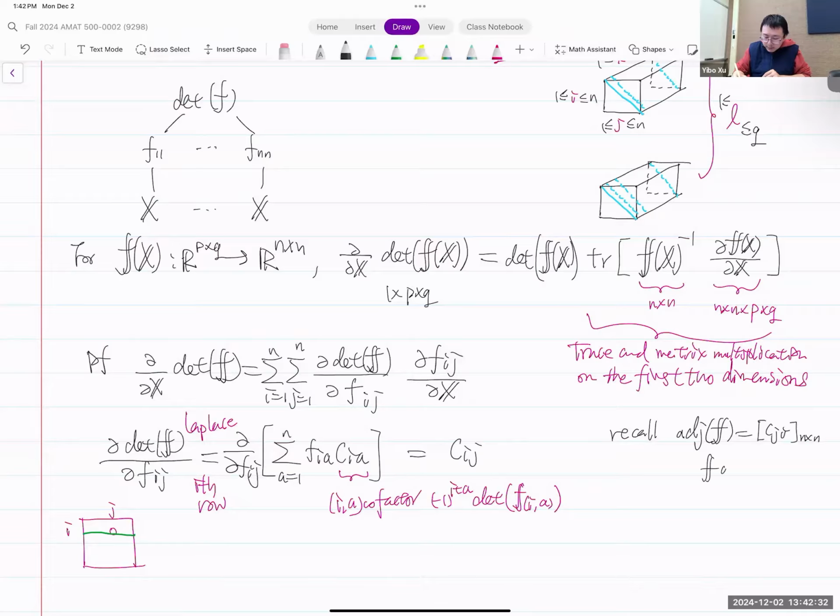We know F times the adjugate matrix, a row times a column, equals the determinant of F times the identity. So this is the identity that's relatively important here. Okay. So basically, it says, well, this is okay for the entire ith row.